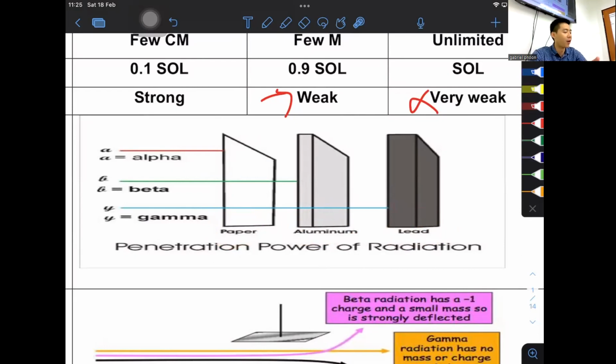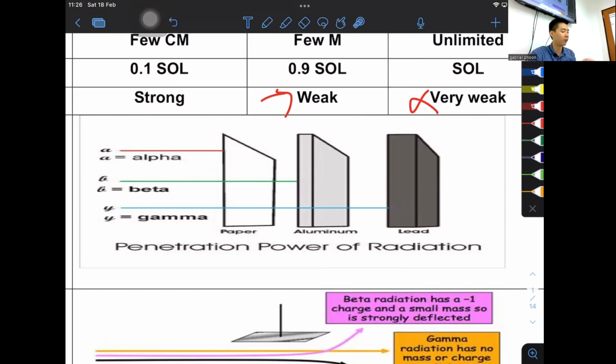Okay, looking at the diagram itself, you'll notice that alpha has the weakest penetration power. Even a piece of paper will stop it. If I have an alpha radiation source here and I put my hand here, I will not receive any alpha radiation if I put a GM tube here, because my hand would have blocked all the alpha radiation already.